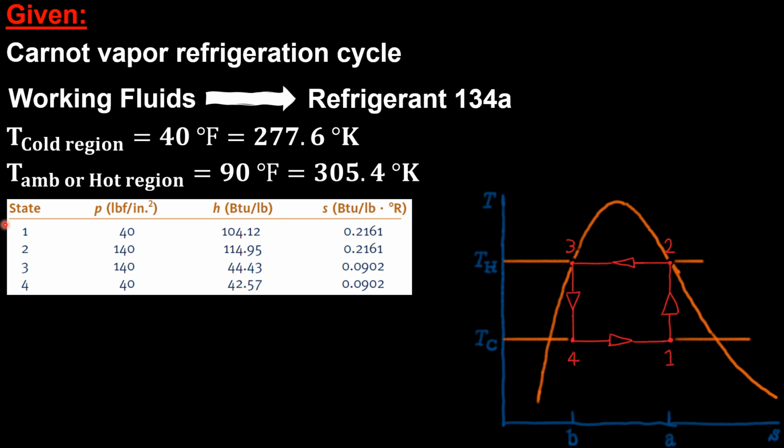And from 4 to 1, that is your evaporator, where we change from liquid to vapor. As you can see, 4 in here is mainly liquid, we are closer to the liquid region, and 1 is mainly vapor.